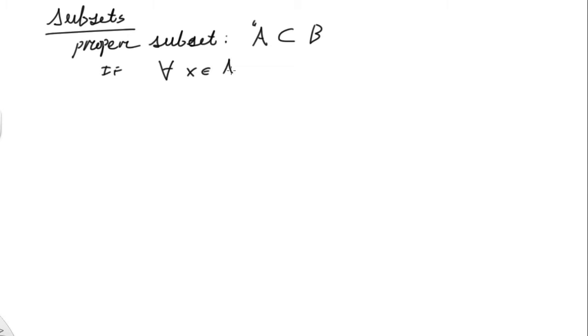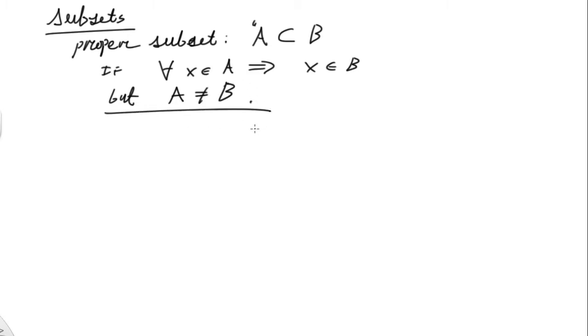Okay, all right, the next concept then is going to be that of the subsets. Okay, and of course this is another elementary concept we're all familiar with. And first we're going to talk about a proper subset. We say that A is a proper subset of B if for all X in A it implies that X is also in B, but A is not equal to B. Okay.